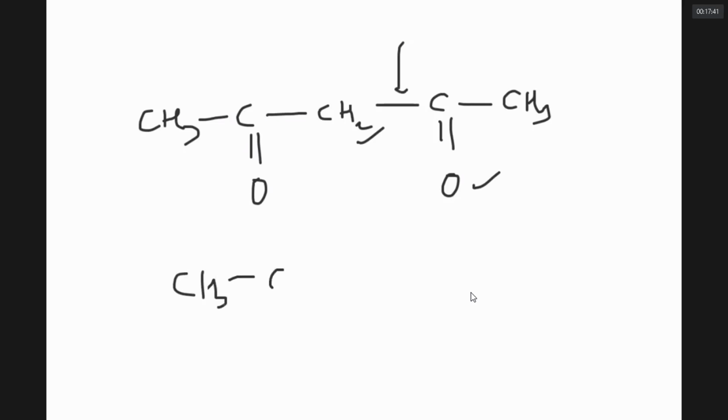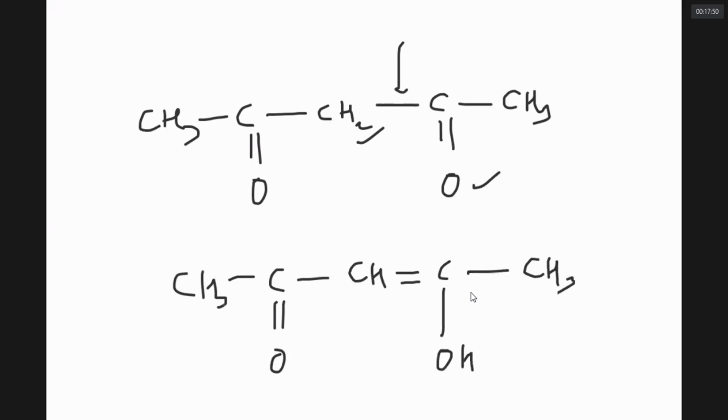So your keto form is converted to enol form. En because of the double bond, ol because of alcohol. It is enol. It is keto. Keto-enol tautomerism. What is the problem? What is the big deal?